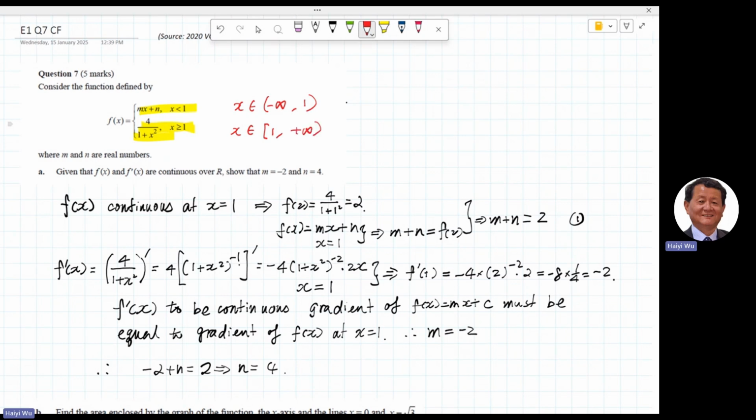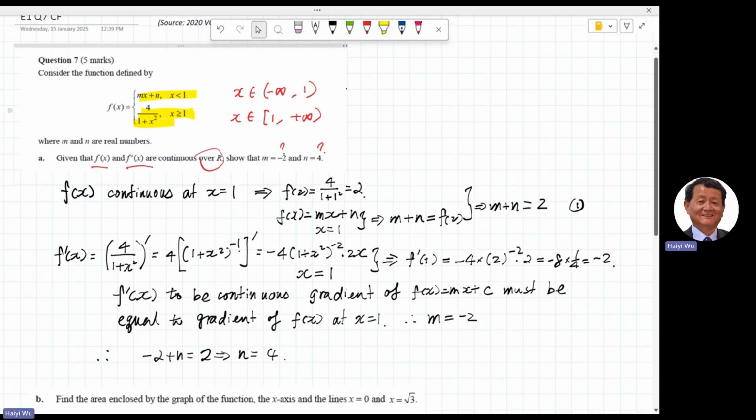This combines two functions together. We want to ask what m and n are so that these two functions, f(x) and its derivative, are continuous over the domain R. So how do we make those two functions continuous?